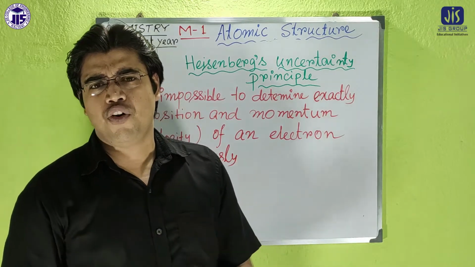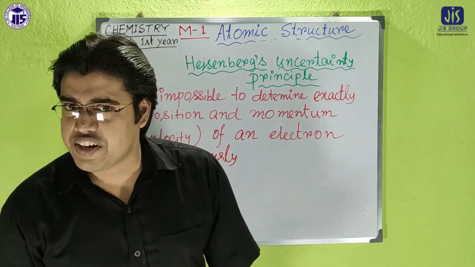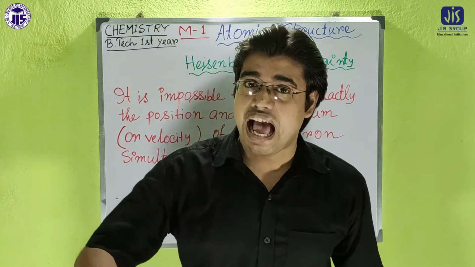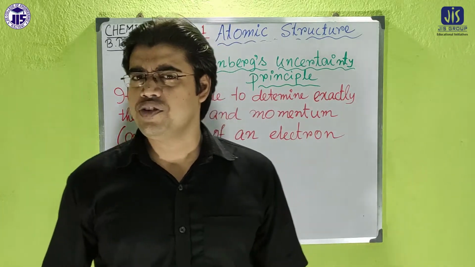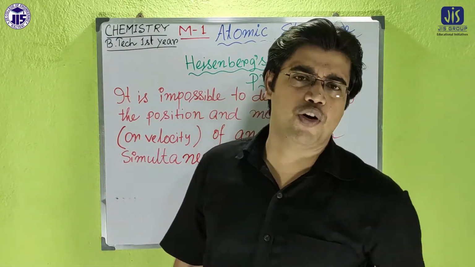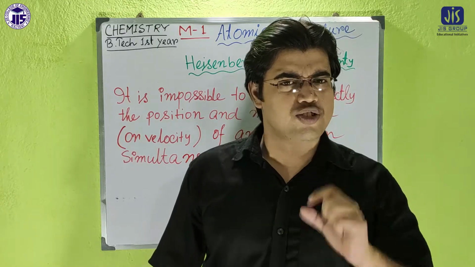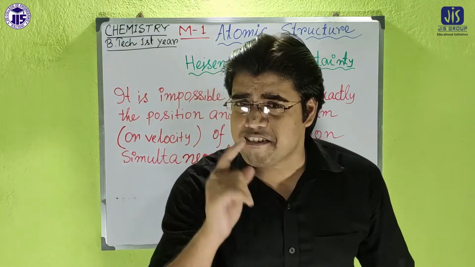For a large or macroscopic system, we can determine the position and the momentum exactly at a time by Newtonian mechanics. But what happens in the case of a microscopic body, a very small system like an electron?